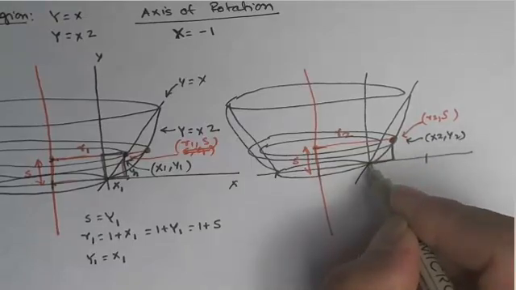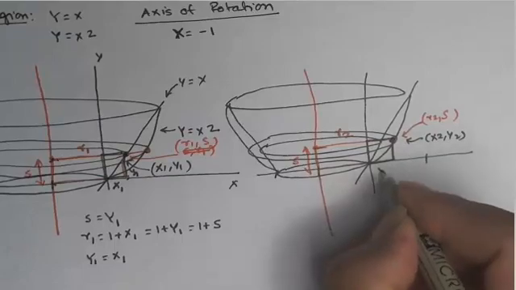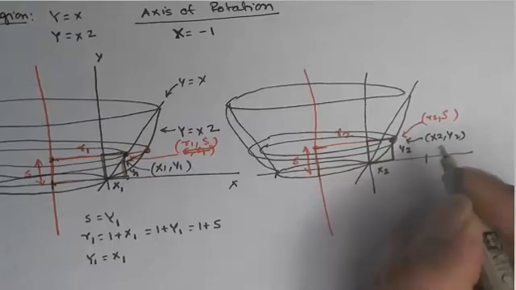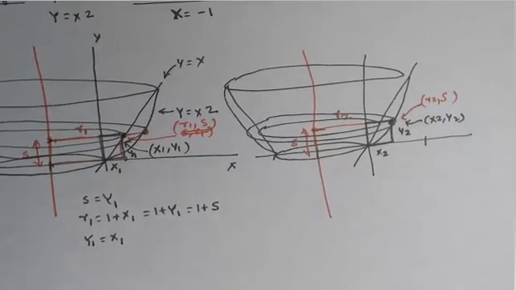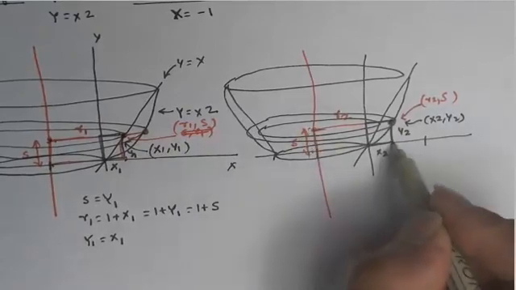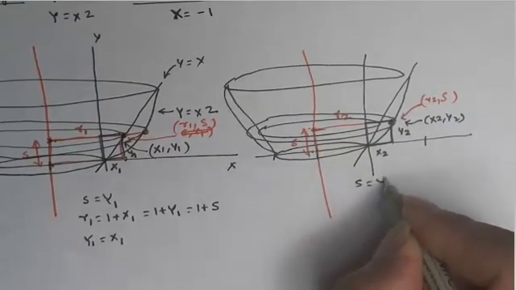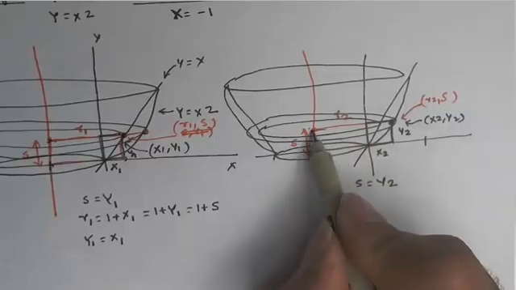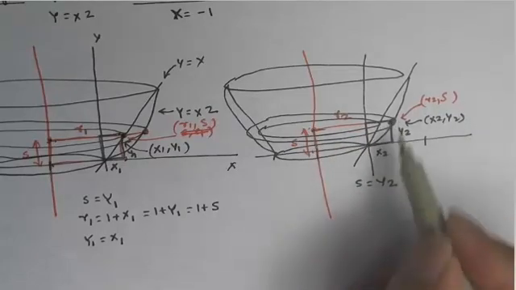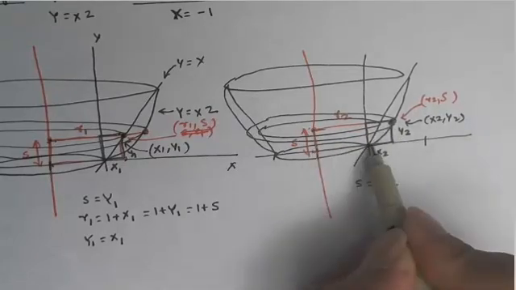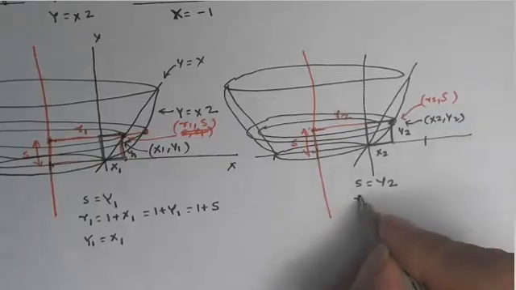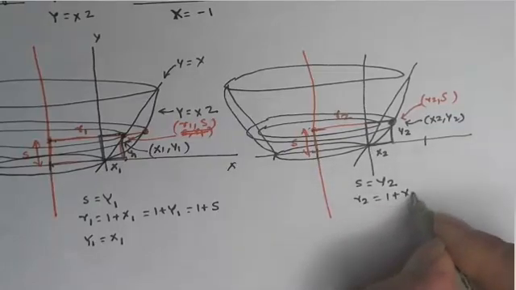This is x2, this is y2, and then again S equals y2. R2, which is all the way out to here, equals x2 plus 1. So R2 is 1 plus x2.